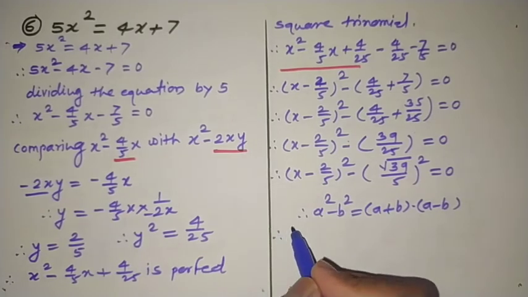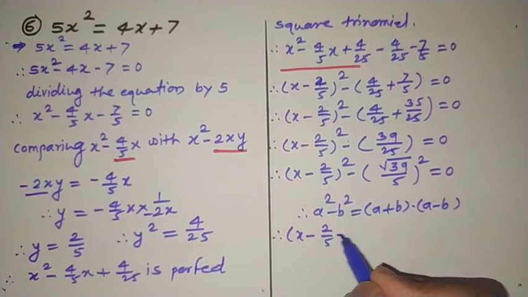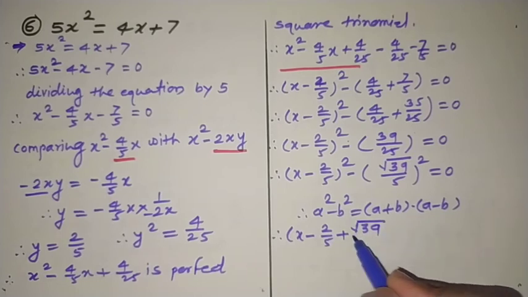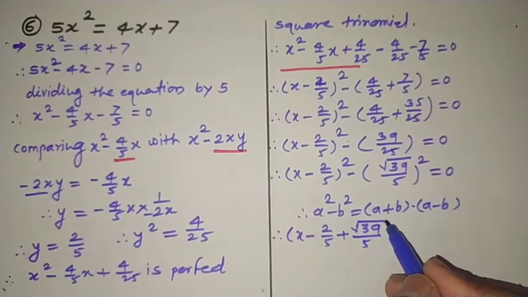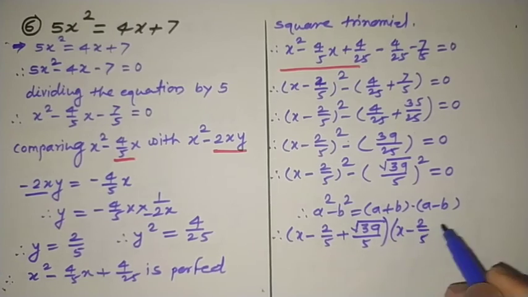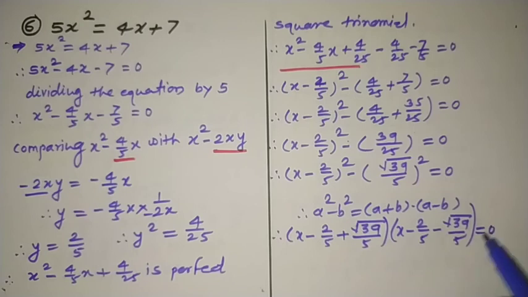Write down in this form: x minus 2 upon 5 plus root 39 upon 5, and second bracket x minus 2 upon 5 minus root 39 upon 5 is equal to 0.